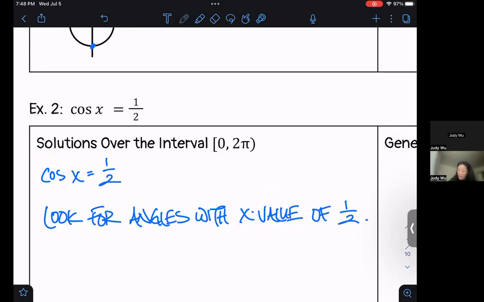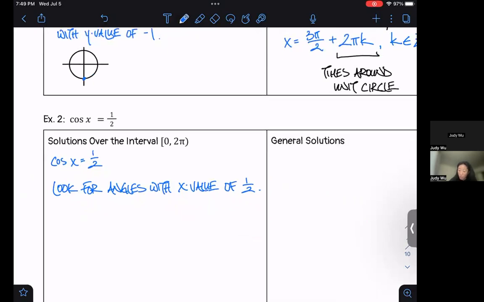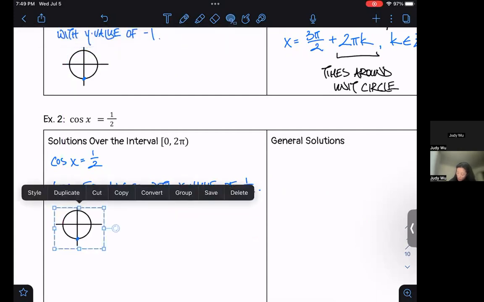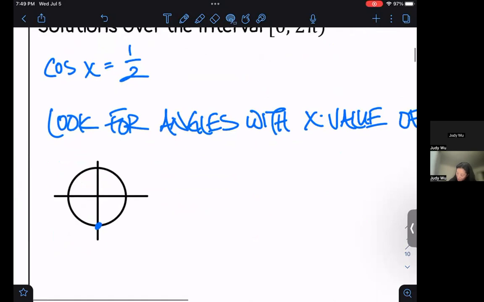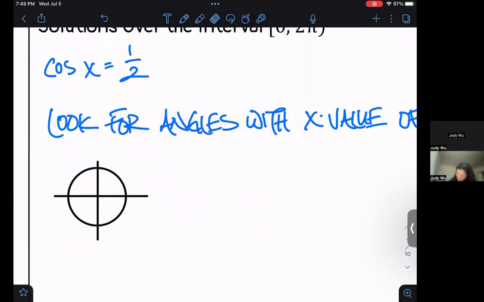All right, and in particular, I want to see where we have an x value of 1/2 on the unit circle. So let's grab our diagram from earlier. Let's see if I can erase just that blue point. Nope. There we go. All right, now, where are the angles that have an x value of 1/2?